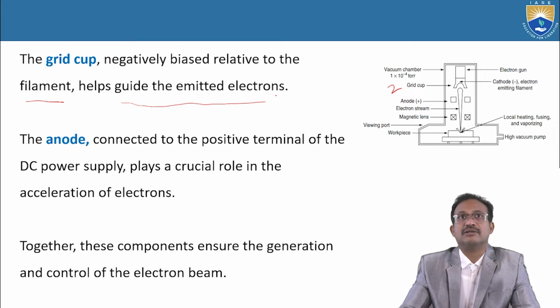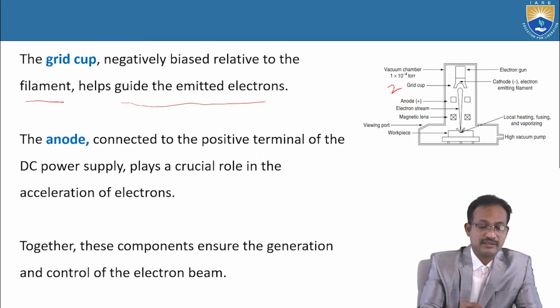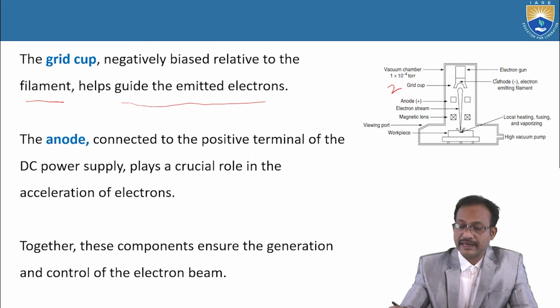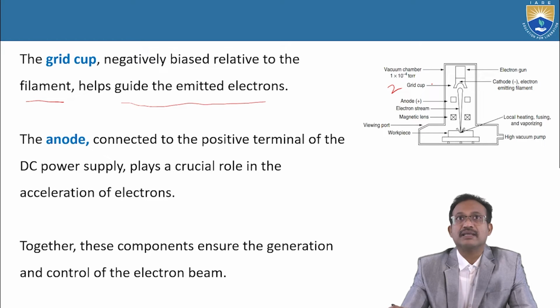This cathode, or electron-emitting tungsten filament, emits the electrons, but here the grid cup guides the emitted electrons.